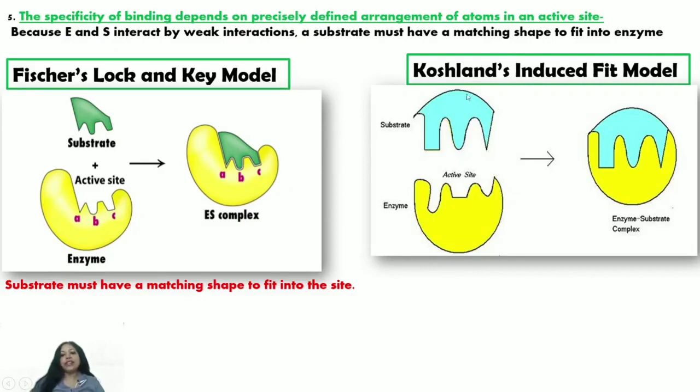They believe that the substrate is not actually complementary to the active site initially, but when the substrate comes close to the active site, the site modifies itself as per the structure of the substrate, and then the proper enzyme substrate complex becomes fit into each other. Or the substrate actually induces conformational changes in the active site of the enzyme, which then together ease the formation of the enzyme substrate complex.